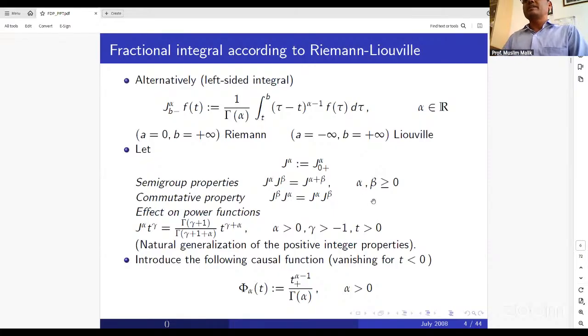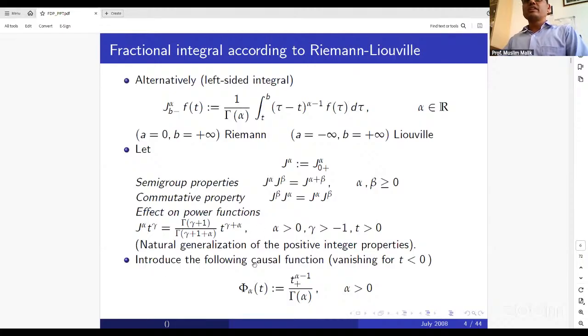If we have a power function, meaning x to the power n type functions, then the fractional integral of t to the power gamma is given by this function, which is very similar to the Euler formula. This is the natural generalization of the positive integer property: if alpha is equal to n, then we can differentiate this and find all these things.